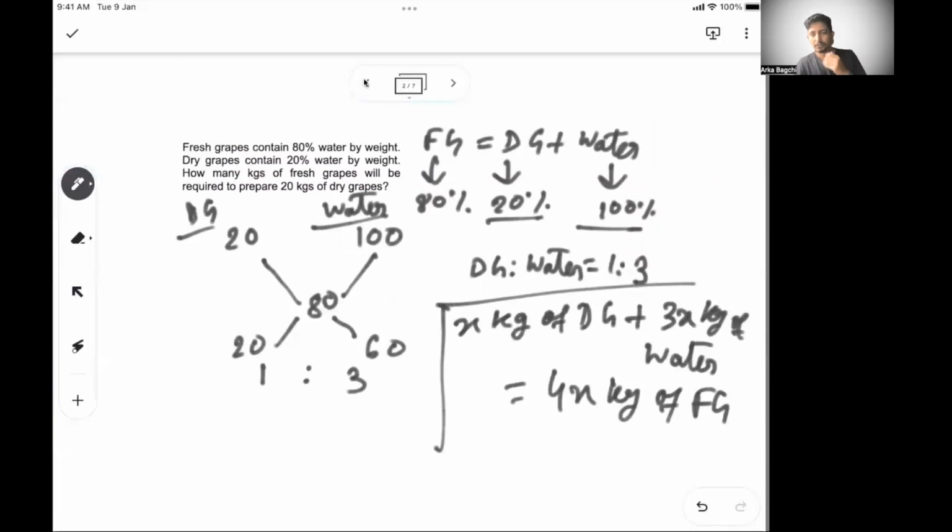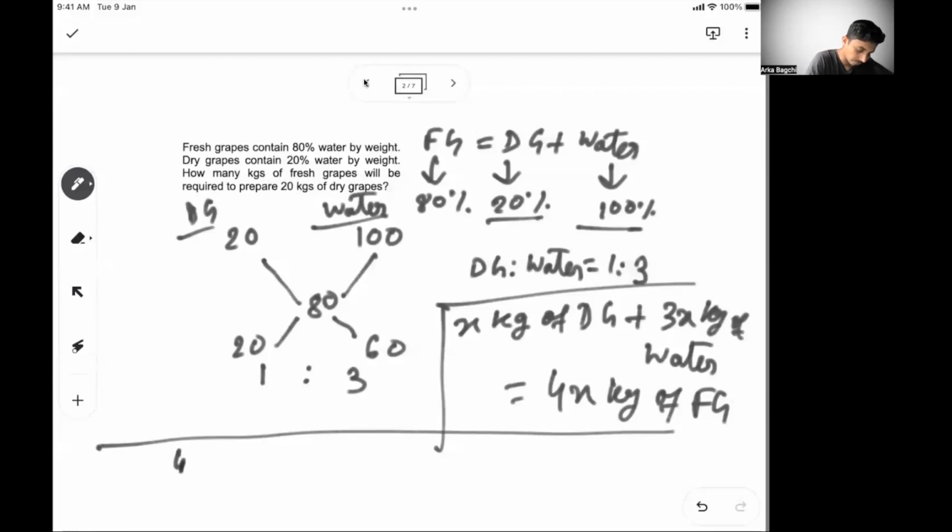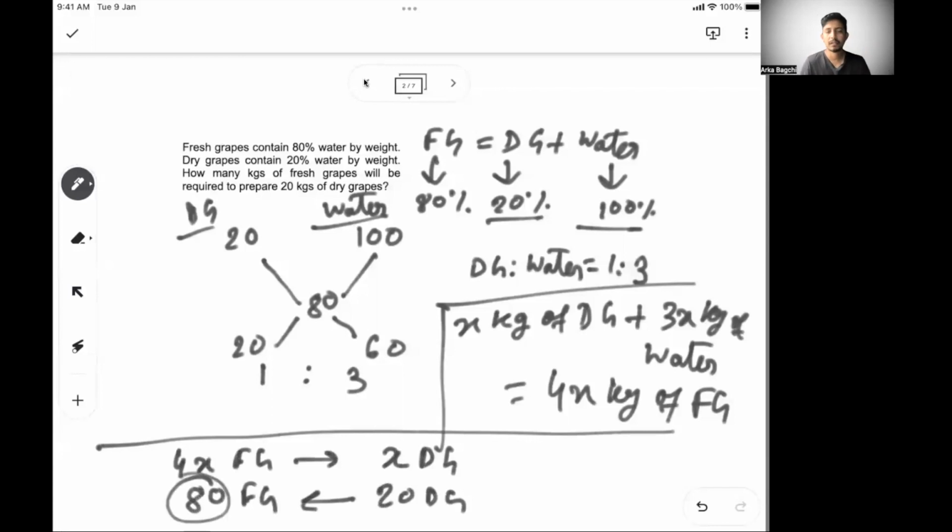So dry grapes to water mixed in a 1:3 ratio gives you the fresh grapes. If you mix x kg of dry grapes with 3x kg of water, you get 4x kg of fresh grapes. Then from 4x of fresh grapes, I can get x of dry grapes. So to get 20 kg of dry grapes, I need 80 kg of fresh grapes. So 80 kg is your answer.